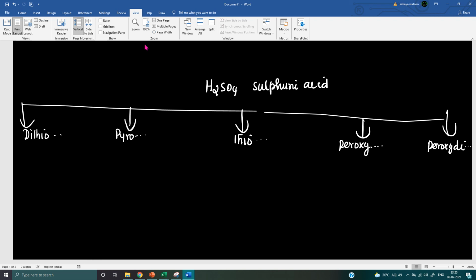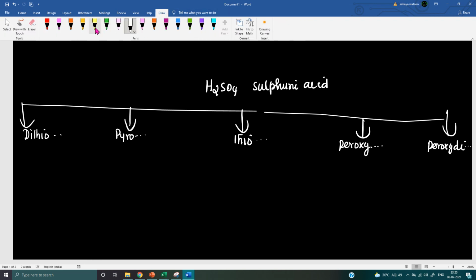The same 3 clues are implemented here also. What are they? 2 into the formula H2SO4 minus H2O2. Here it is 2 into H2SO4 minus H2O.